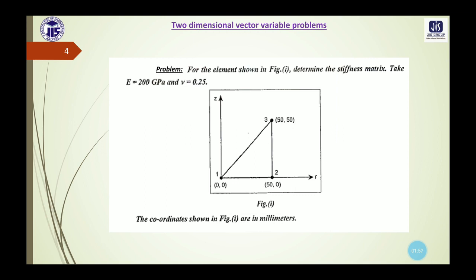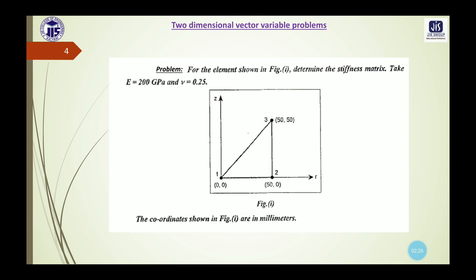One numerical problem is given here: for the element shown in figure 1, determine the stiffness matrix. Here one figure is given, and it is an axisymmetric element, and for this element we need to determine the stiffness matrix.